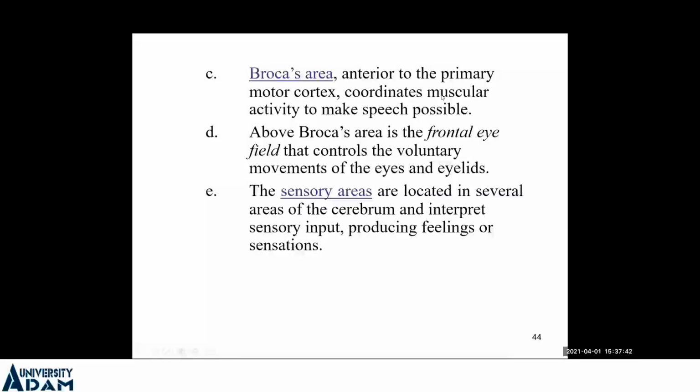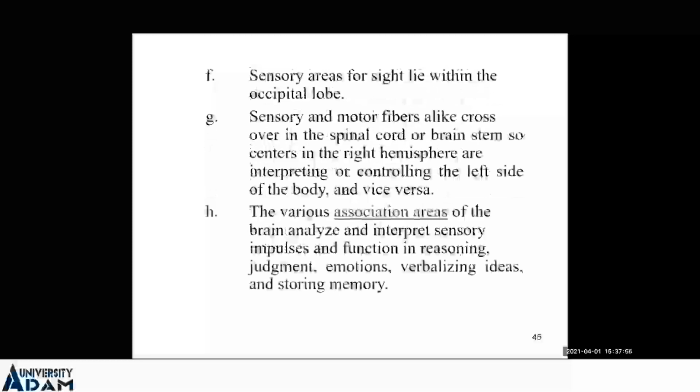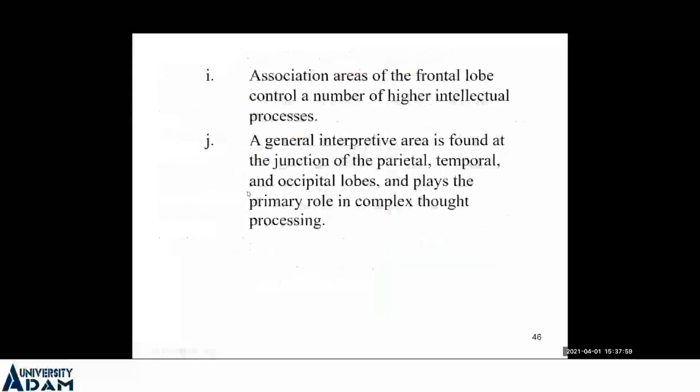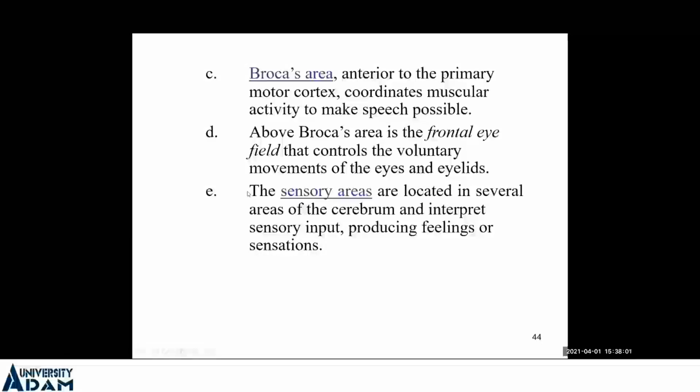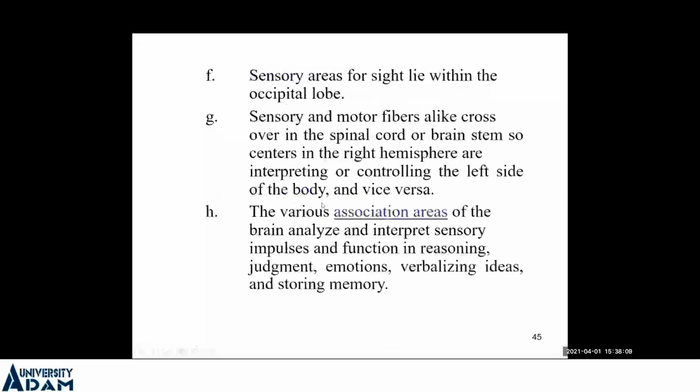So also you can see here, Broca area, anterior to the primary motor cortex, coordinates muscular activity to make speech possible, and above the Broca area is the frontal eye field that controls the voluntary movement of the eye and eyelids here. Sensory areas are located in several areas of the cerebrum and interpret sensory input, producing feelings or sensations.